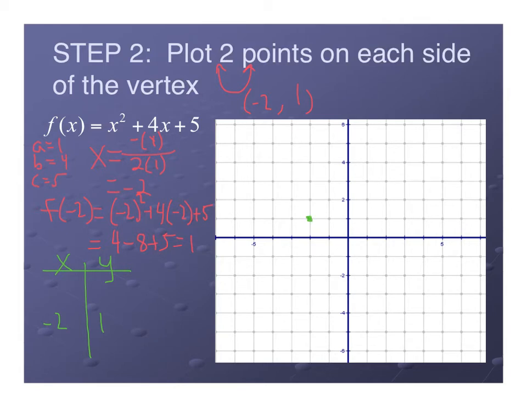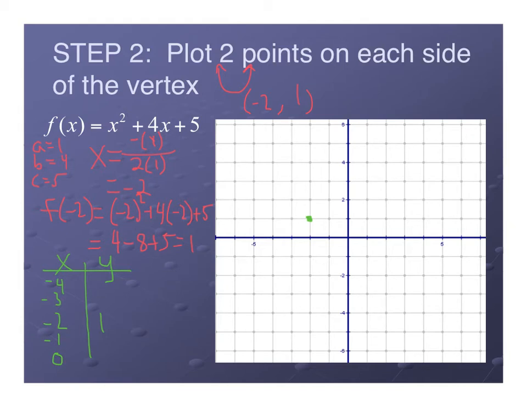If I go 2 to the left, I have negative 3 and negative 4 for my x values. If I go 2 to the right, I have negative 1 and 0 for x. Again, I'm looking at my x-axis here as I go 2 to the left, negative 3, negative 4, 2 to the right, negative 1 and 0.